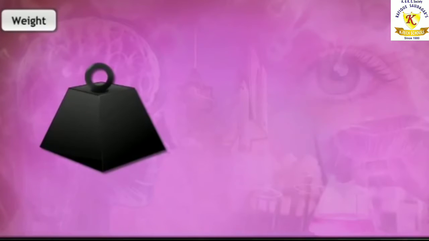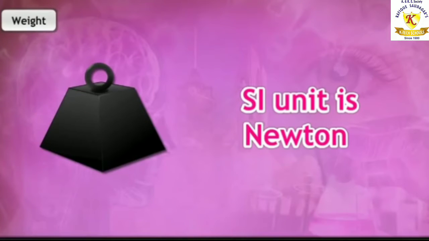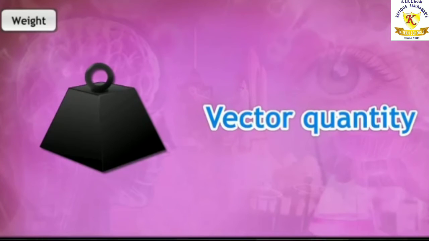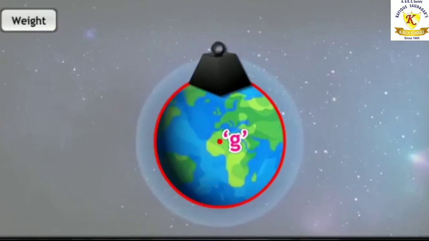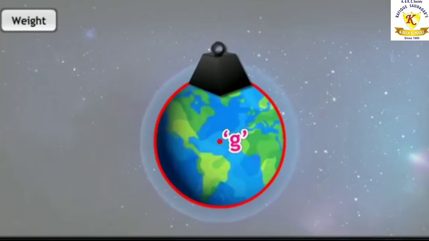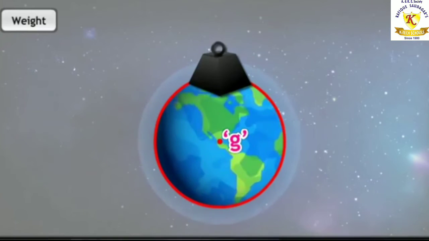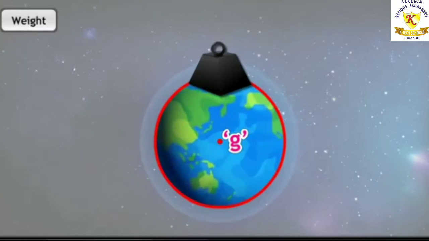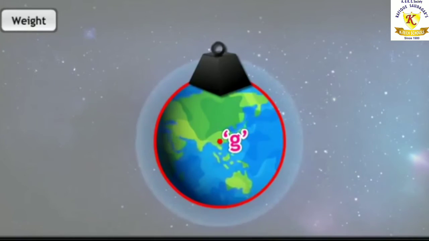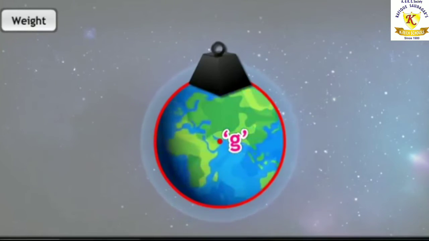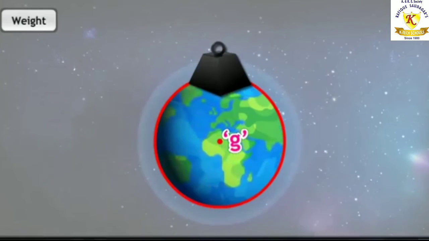Weight being a force, its SI unit is Newton. Also, weight being a force is a vector quantity and its direction is towards the center of the earth. As the value of g is not the same everywhere, the weight of an object changes from place to place, though its mass is a constant everywhere.